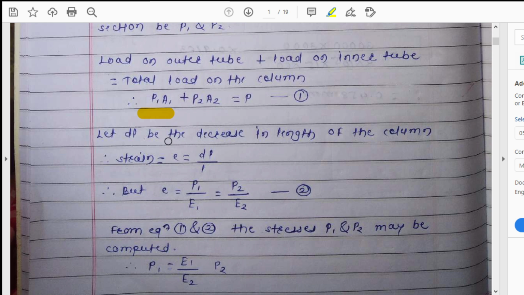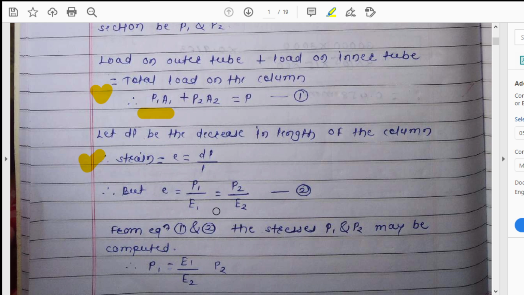Now dl will be the small decrease in the length of that column. Okay, so by using the usual formula, dl upon l, change in length upon original length, will be your strain. Here we have calculated stress. Here the strain is change in length upon your original length, but by using Young's modulus, E can be calculated as stress upon strain.